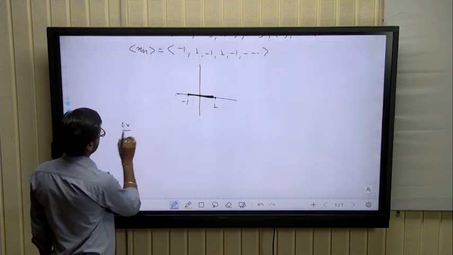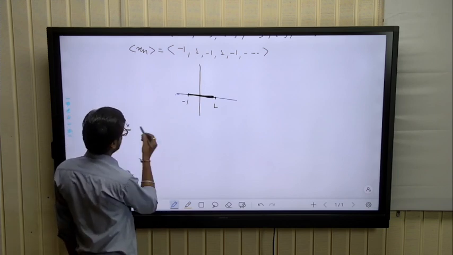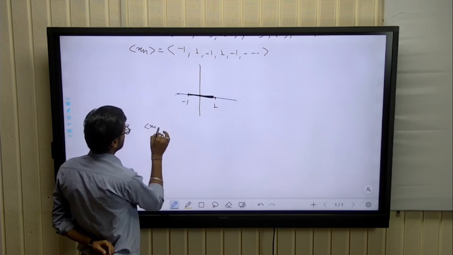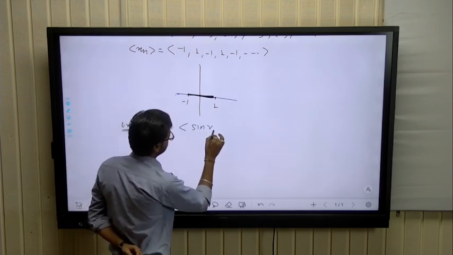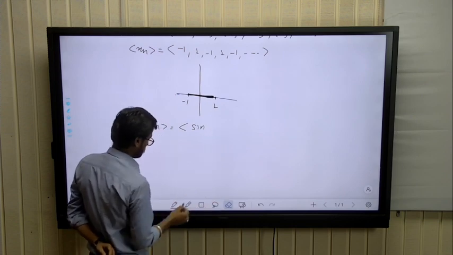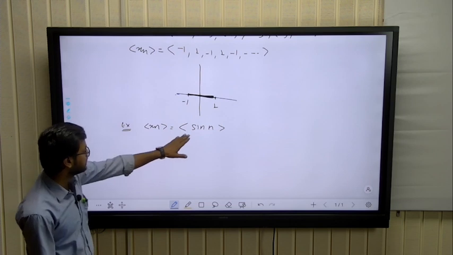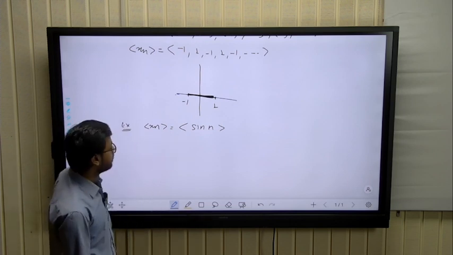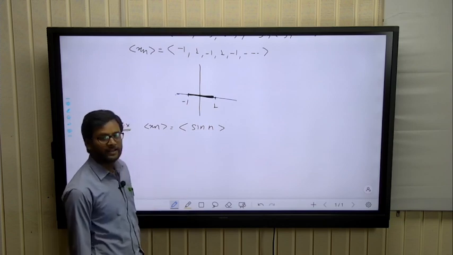Suppose the sequence x_n is equal to sin n. Suppose the given sequence is sin n. We all know the highest value of sin n is 1, and the lowest value of sin n is minus 1.